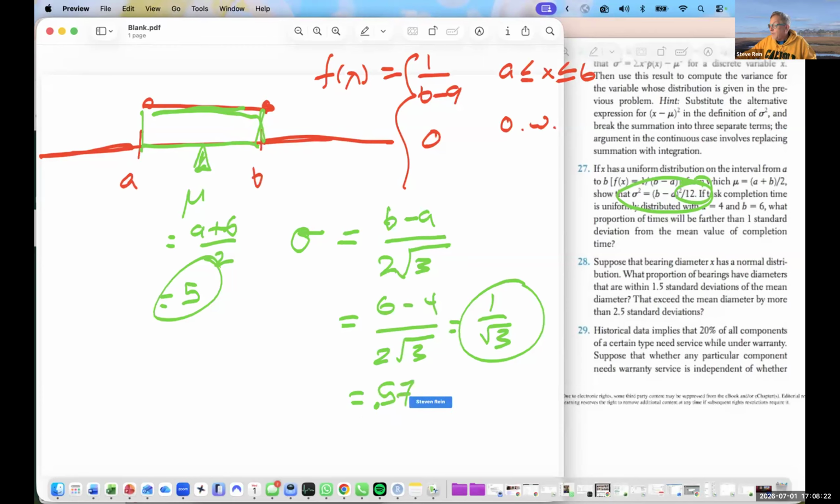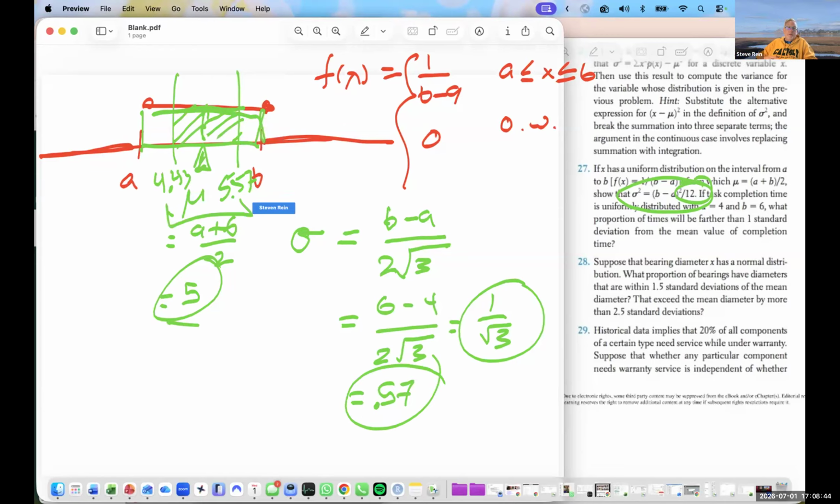So if I'm at the mean of 5 and go up 0.57 units, that's 5.57, and down 1 standard deviation is 4.43. So it's just finding the area between 4.43 and 5.57. That's what you're being asked to do. This problem has some overhead: here's the mean, here's the standard deviation.